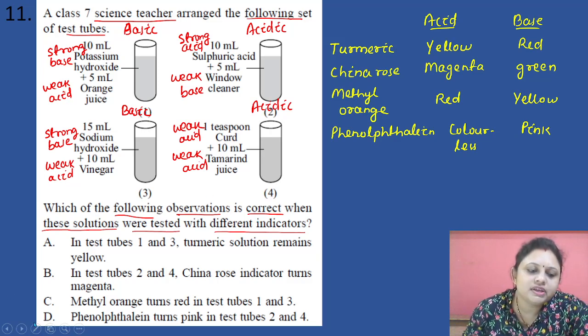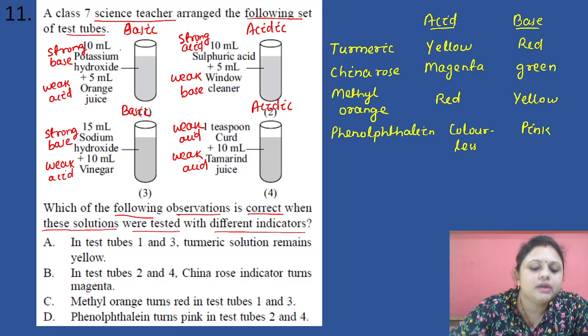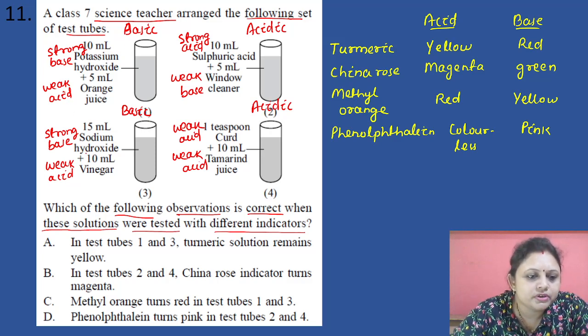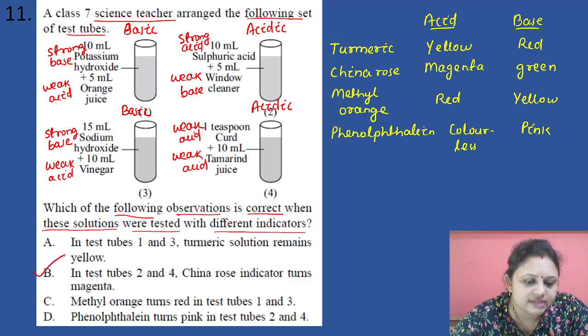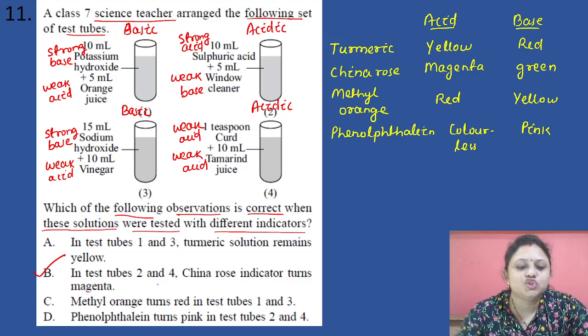So if we check all of these, then the correct answer would be option B. Yes, because test tubes 2 and 4 are acidic in nature, and China rose indicator will turn magenta in acidic medium.